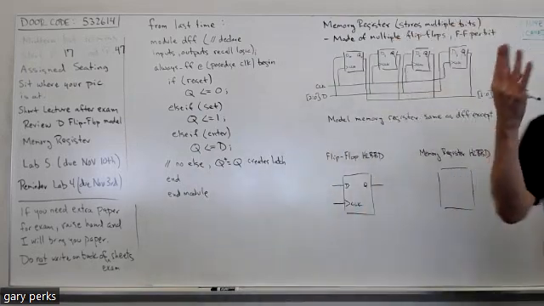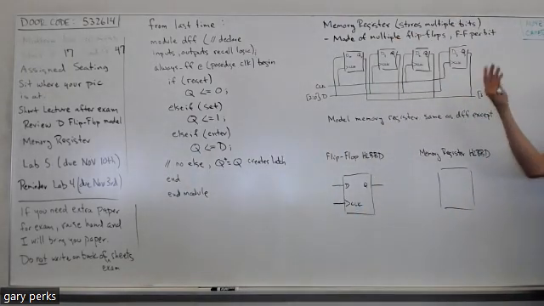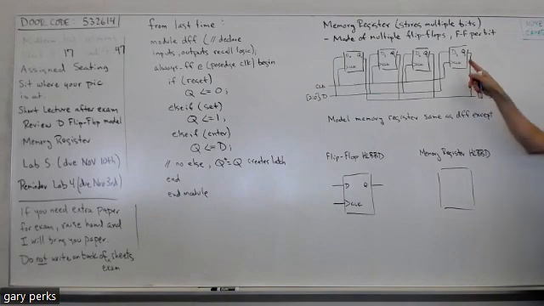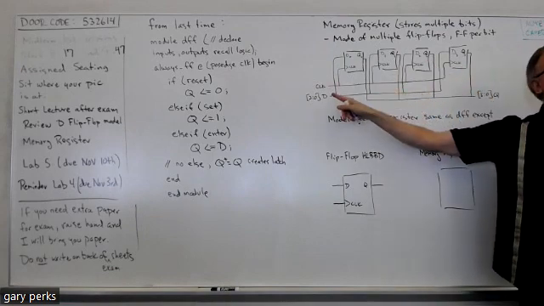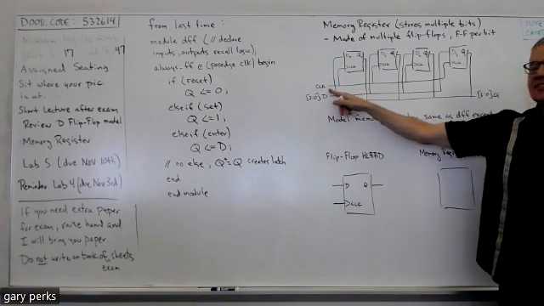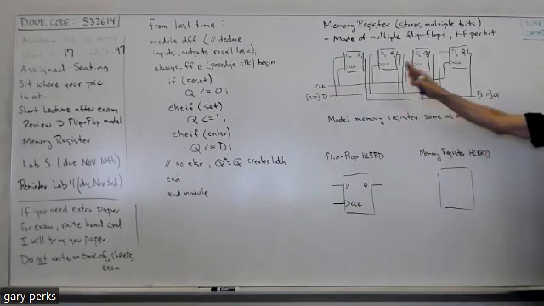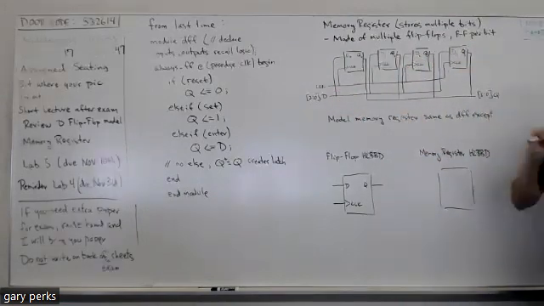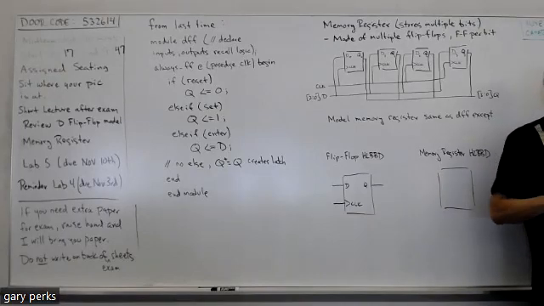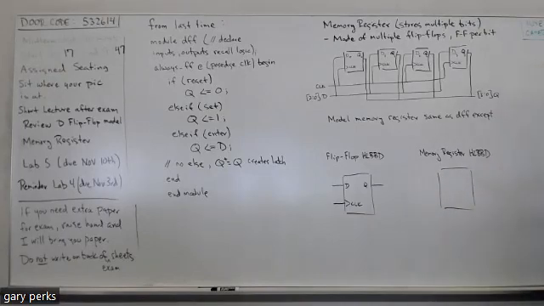When you have a sequential circuit like memory that has a clock input, most often you'll see those clock inputs all connected together to the same clock signal. That's what puts these all in sync. So this is what a memory register structure looks like.